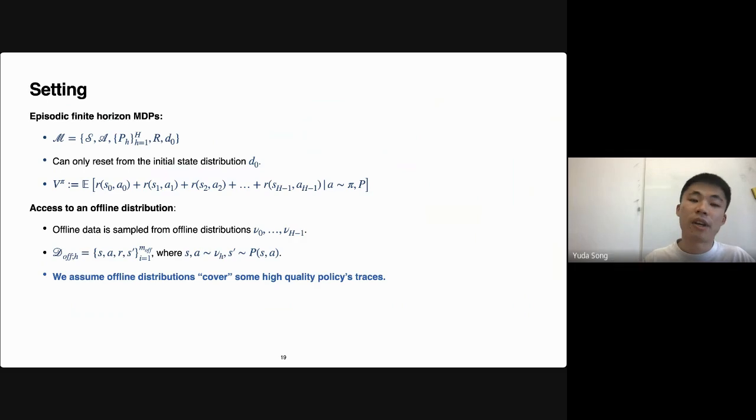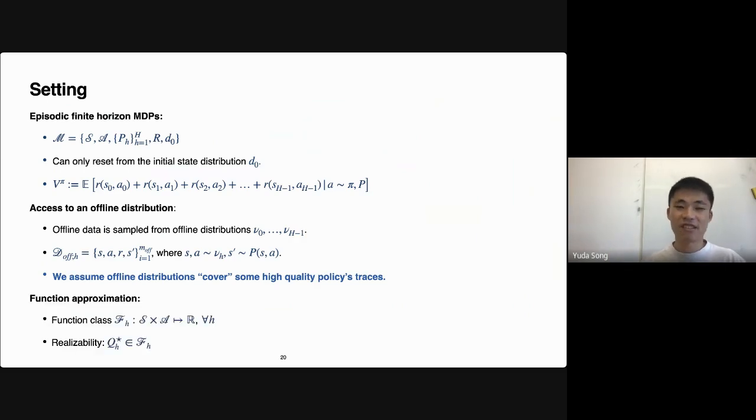And as the question was asking before, we assume that the offline data set distribution covers some good or high quality policy traces. I'm not giving any definition of what this actually means for now, but we will see later. At this point, you can just think of it as a density ratio or whatever your favorite coverage term is.